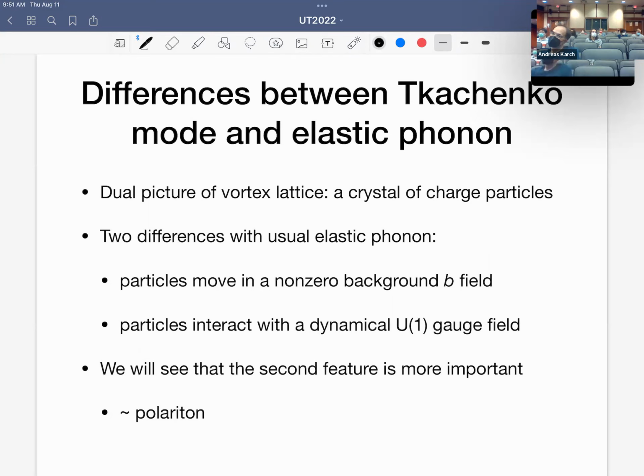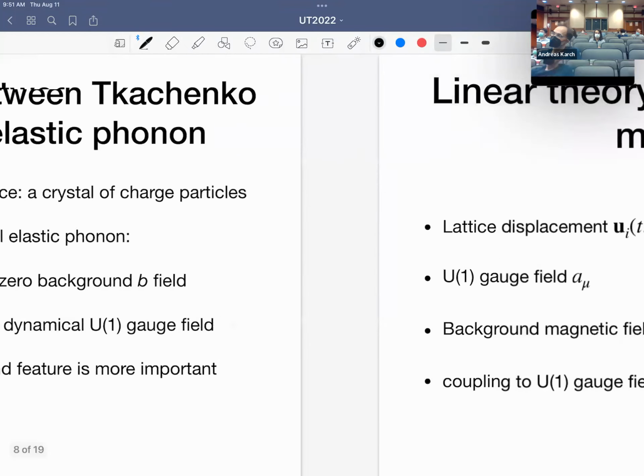The U(1) gauge field is not confined, not fixed, and so it has infrared behavior. And we will see that the second feature is actually the one that causes the quadratic dispersion relation. So in this language, the Kohn mode is the result of hybridization between the phonon of the lattice and the photon that comes from the superfluid. It's like a polariton in solid state physics.